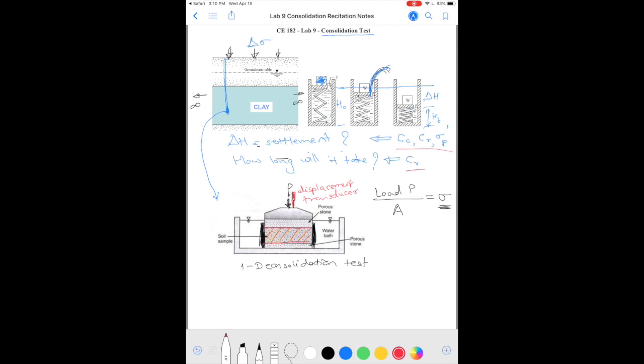So the way we are going to do this, the stress sigma is going to be 15 kPa. Let me get the numbers.